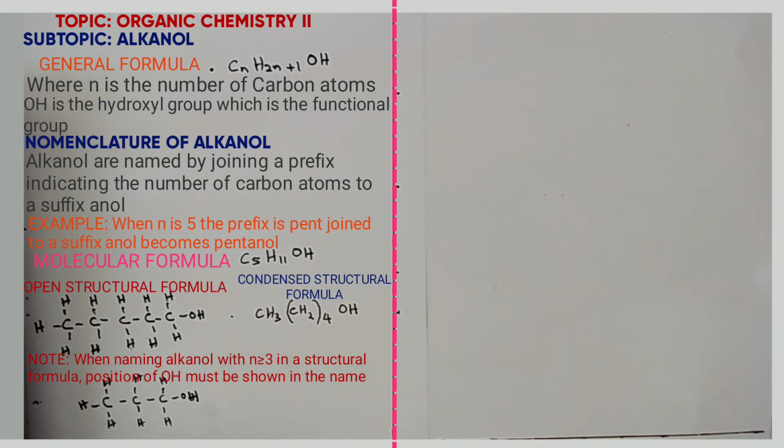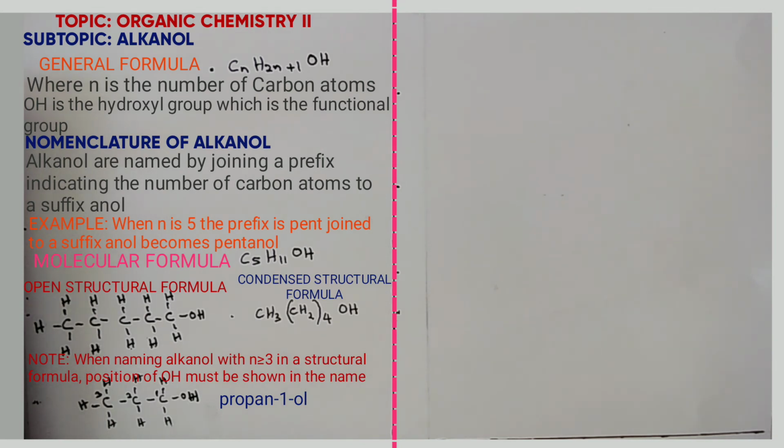The hydroxyl group must be shown in the name, so I start numbering from this side: 1, 2, 3. So the name of this compound becomes propan-1-ol. That is, you have to show the position of the OH in the name.